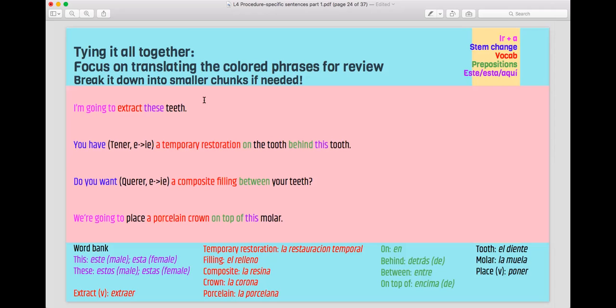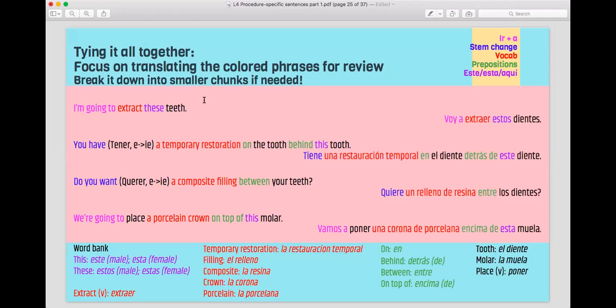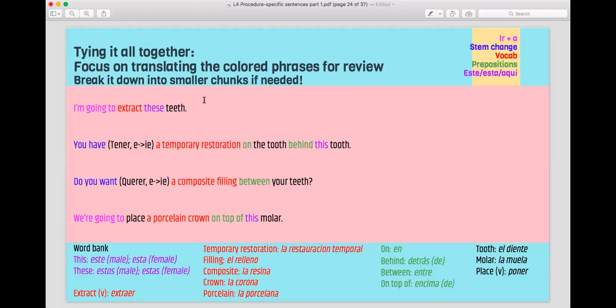So does anyone want to take a stab at the first sentence, translating it? I can try real quick. Yeah, go ahead. It's voy a extraer estos dientes. Yeah, you got it. Perfect.